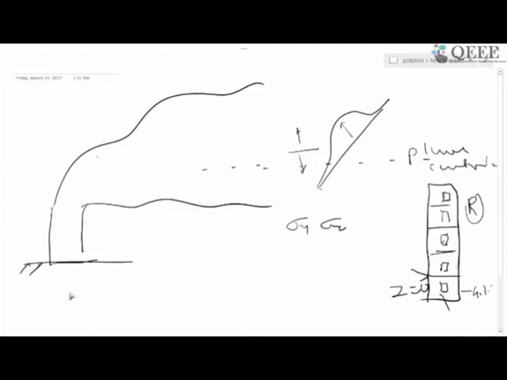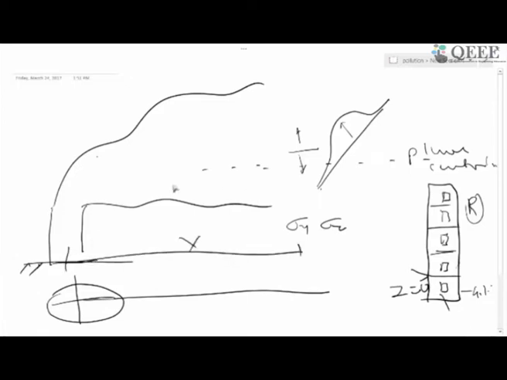This is ground level. I am just making a plan. So this is the source, and this is your downwind distance. This is your physical stack height, and this is your plume rise. So this will be your effective stack height.